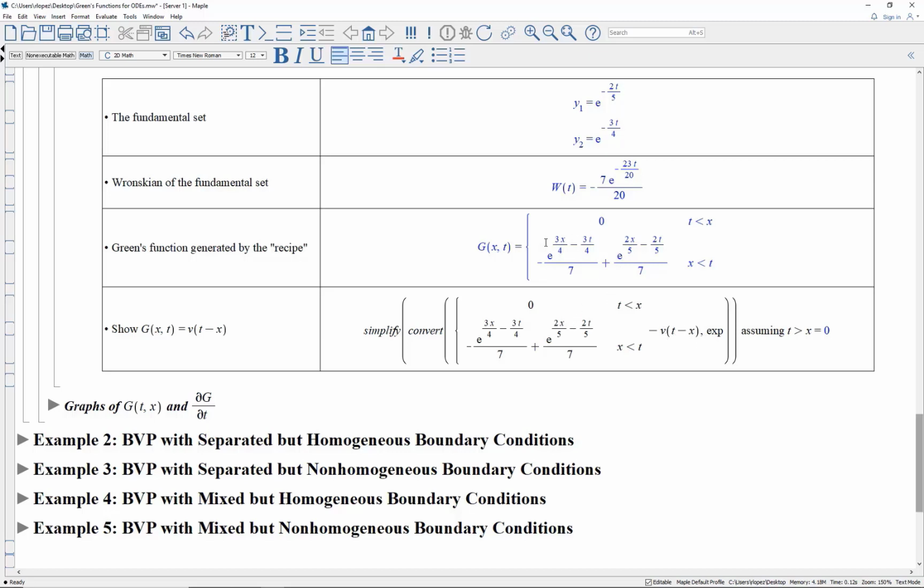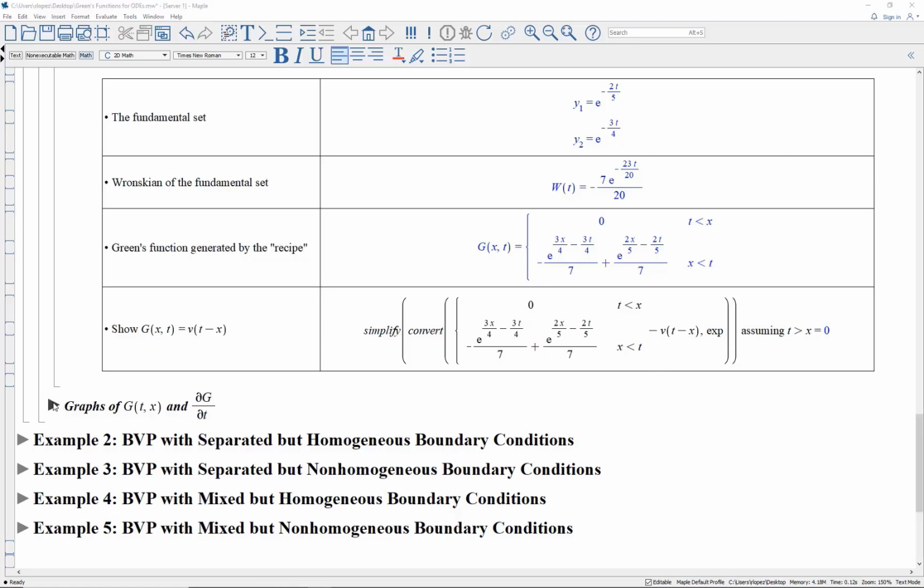So let us take this expression, put it here. Let us subtract v of t minus x. And we want to simplify that, but in order to simplify it, we first convert everything to exponentials. And then we simplify, assuming that t is greater than x, so that we're down in here, right? t greater than x. And it comes out to be 0. So both approaches have resulted in the same expression for the Green's function.